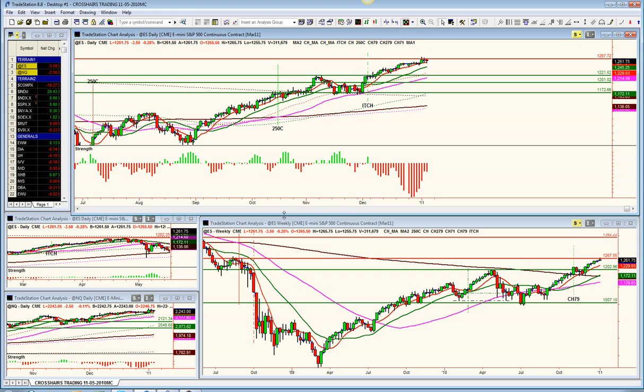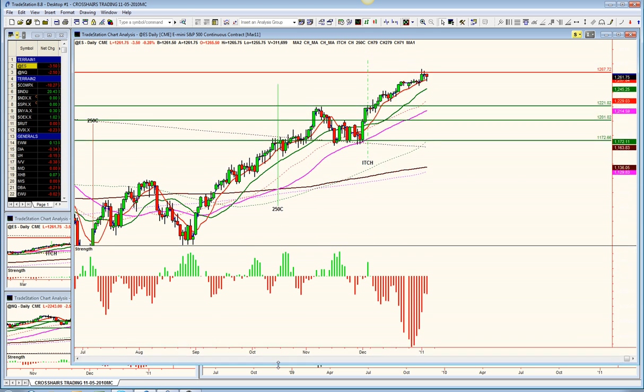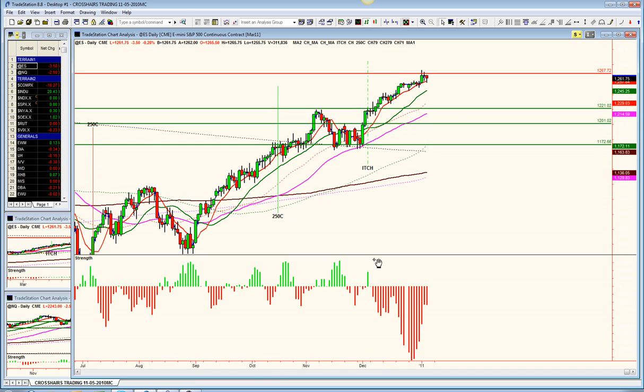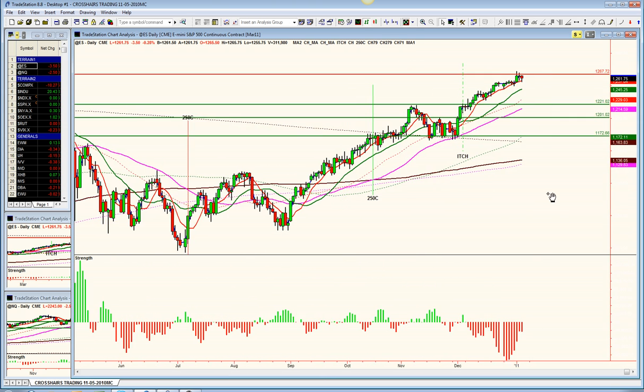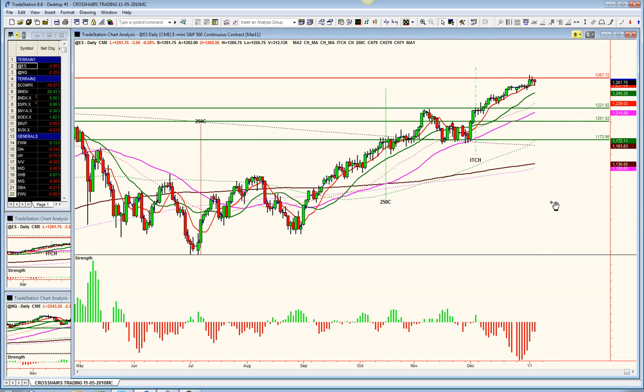I personally do not have enough money to make the market move. I personally do not have enough money to confirm support or resistance. All I want is the market or the stock to tell me.